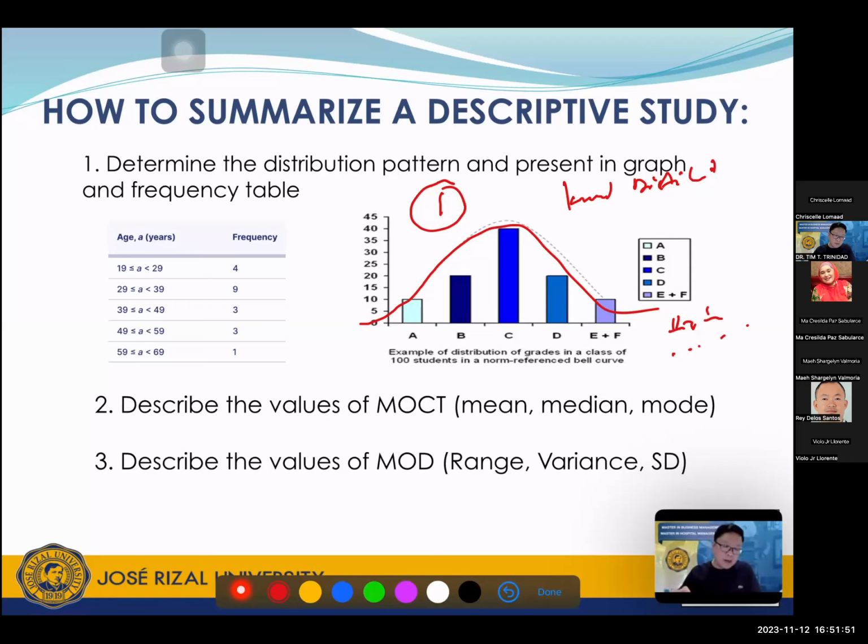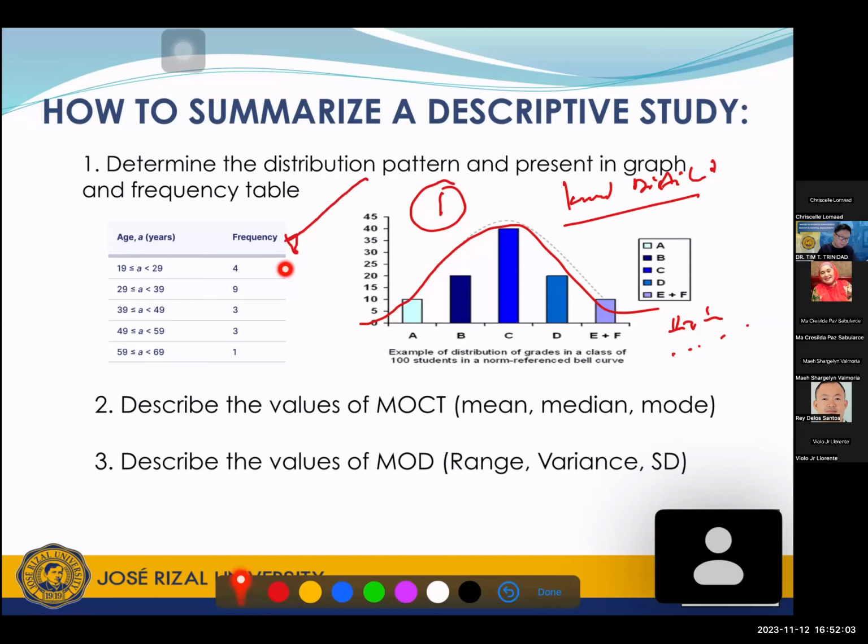So if you were able to determine the distribution of your data, what will be the next thing that you'll do? Provide a table and graph, a frequency table. So when you're done with that, now you're ready to compute for the central tendency, as well as your range, variance, and the different measures of dispersion.